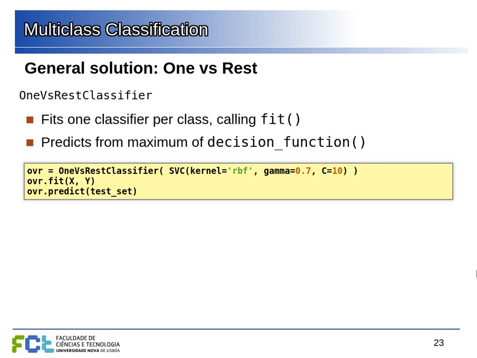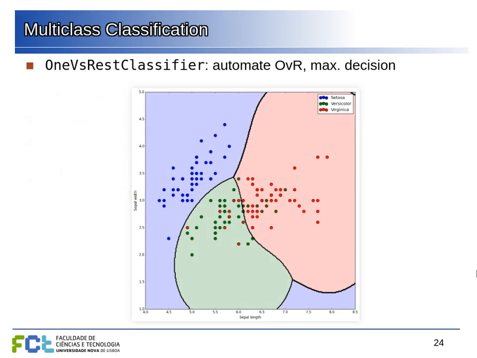I give these meta parameters, and so the 1 versus rest classifier will create copies of that classifier, train each of the copies for classifying one class and distinguish from the rest, and then when we call predict here, it will predict according to the decision function of the different classifiers. So this is a way that is already implemented that makes it easy to combine binary classifiers for n class problems, and this would be the example of this result.